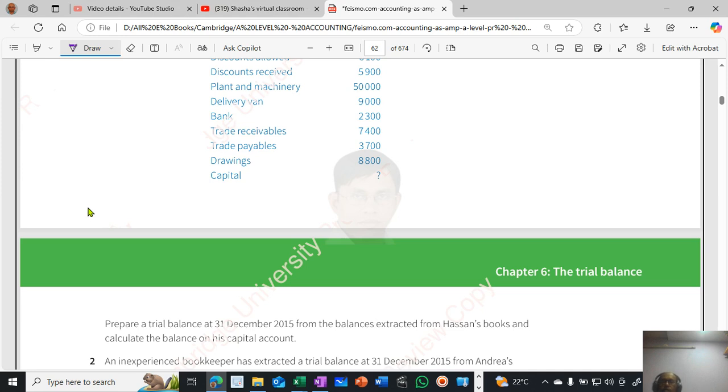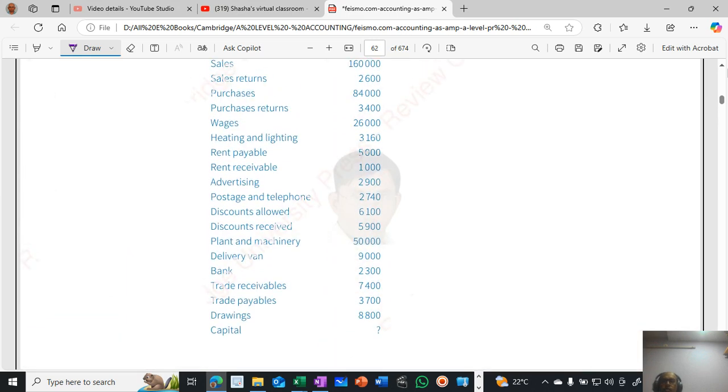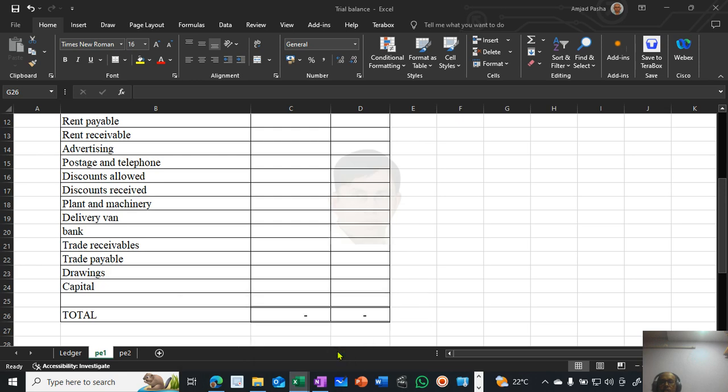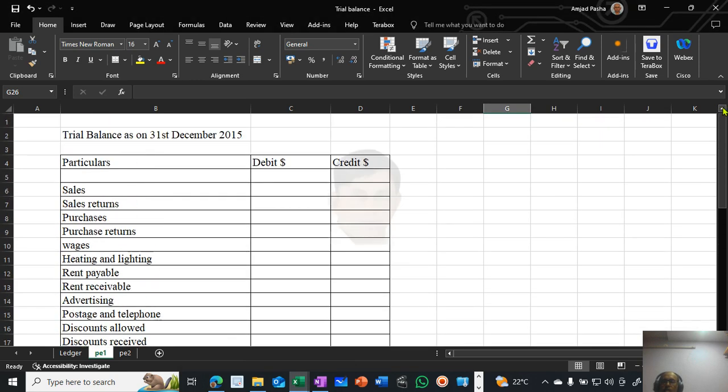So we are supposed to prepare the trial balance. How do we prepare the trial balance? The format of a trial balance is something like this: trial balance as on 31st December 2015, particulars, debit, credit.